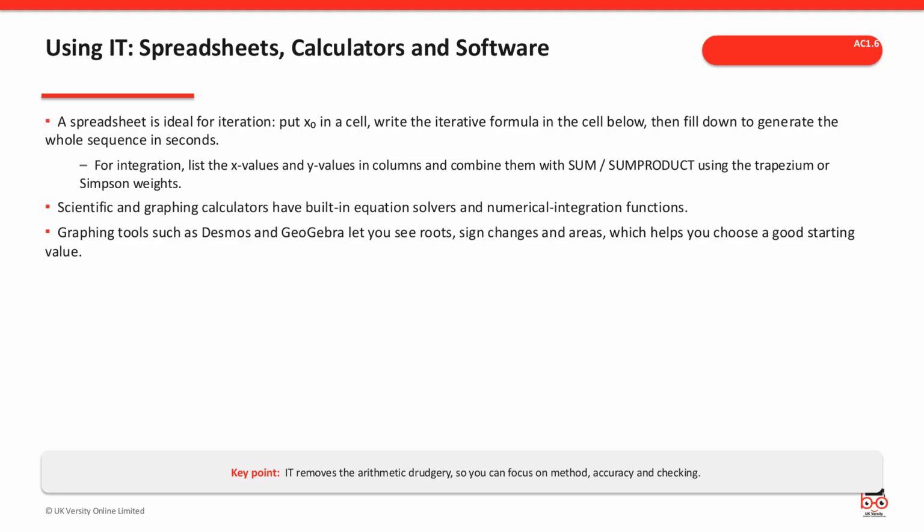Scientific and graphing calculators have built-in solvers and integration functions too. And tools like Desmos and GeoGebra let you see roots, sign changes and areas, which helps you pick a good starting value. The point is that IT removes the arithmetic drudgery, so you can focus on method, accuracy and checking.